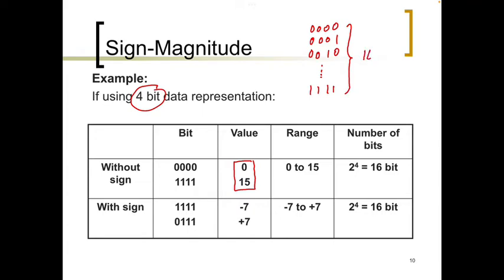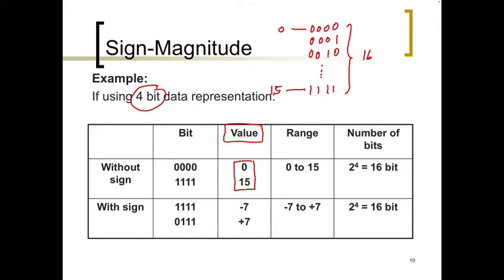If you cannot believe this, you can just list down all the possible bits here. Value means the value starting from 0, 0 0 0 0, until 15 as the last value.